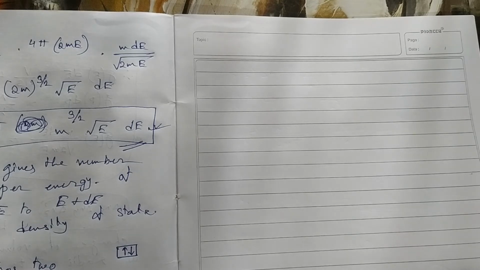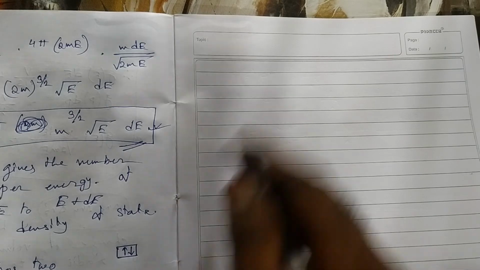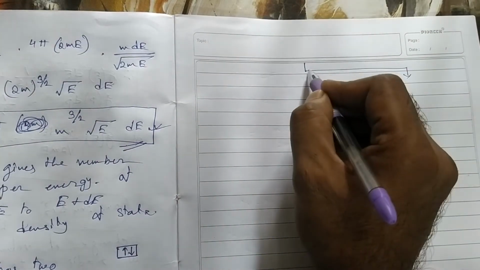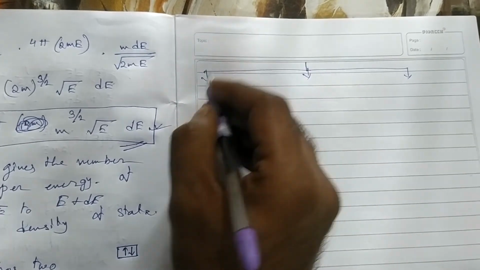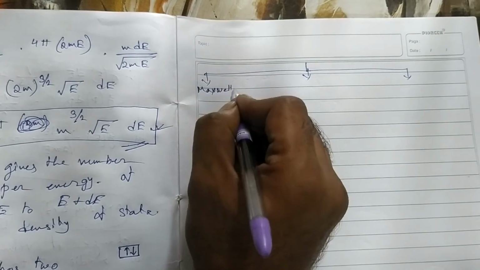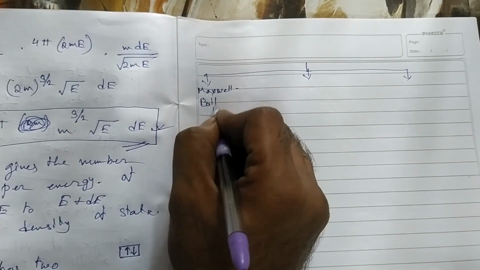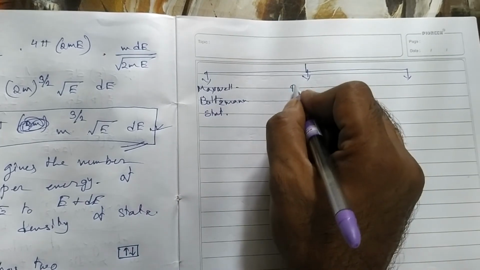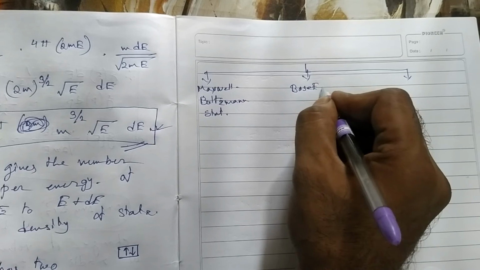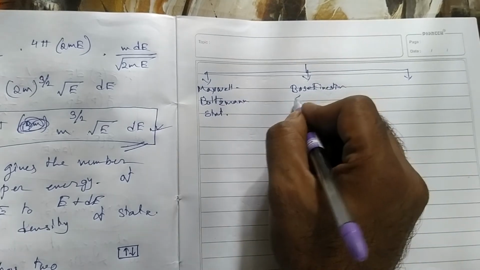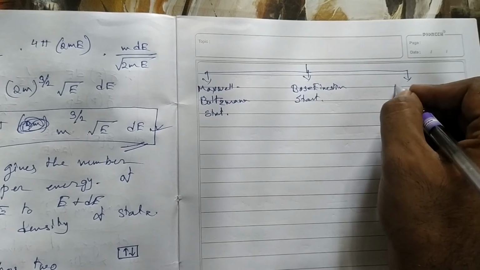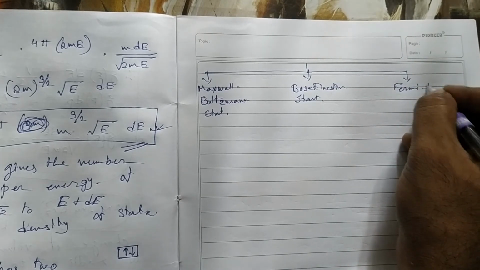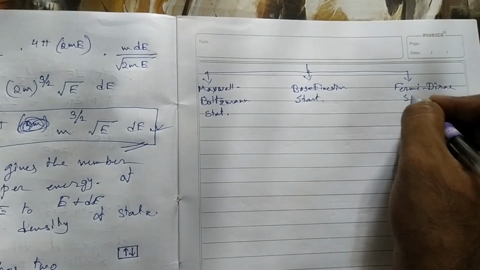In this way we divide statistics into three separate pathways. One is called Maxwell-Boltzmann statistics, the second Bose-Einstein statistics, and the third Fermi-Dirac statistics.